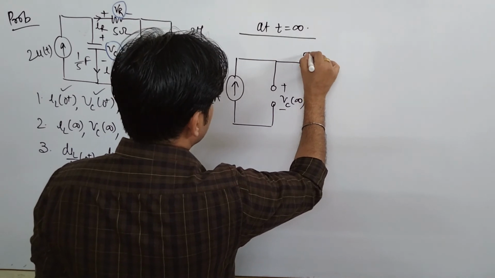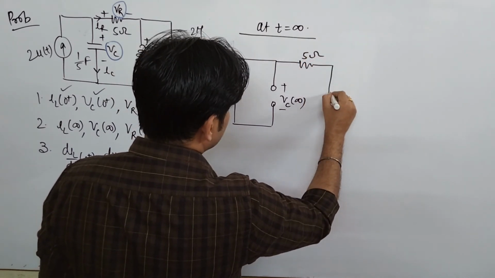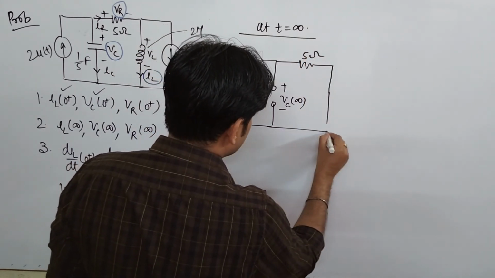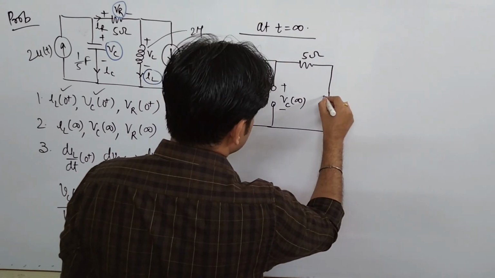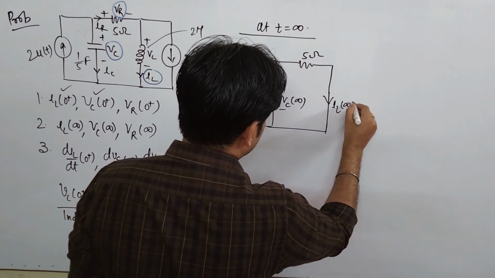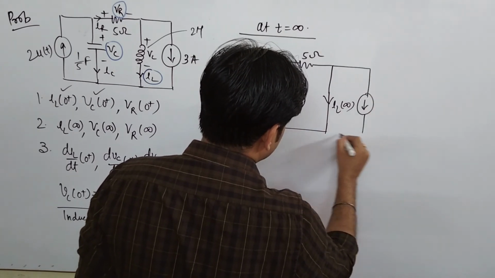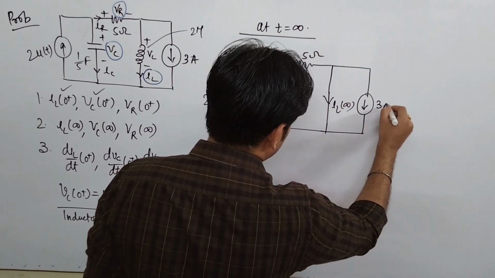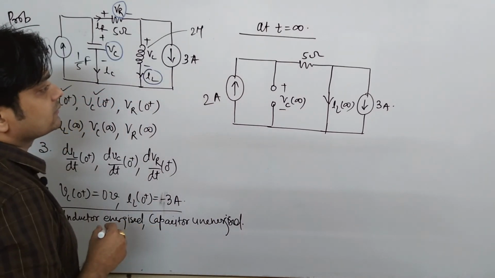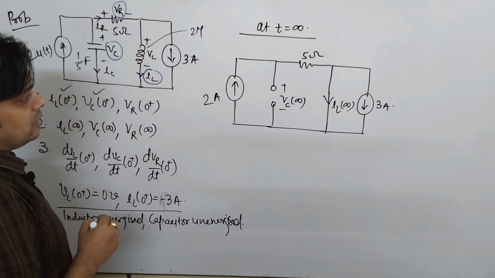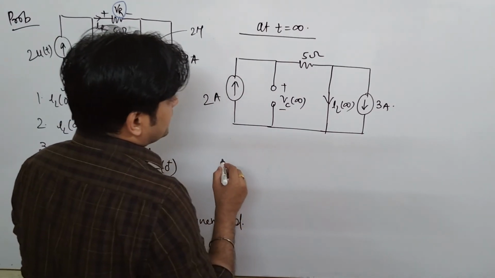This is your resistance of 5 ohm. Your inductor behaves like a short circuit, with current IL(infinite), and this is your current source which is present here. This is 3 ampere.